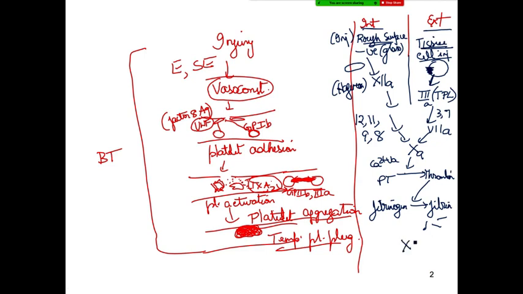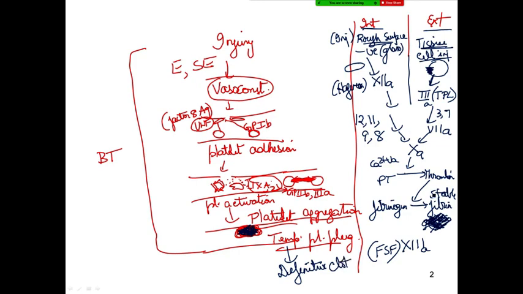Then factor 13, fibrin stabilizing factor, gets activated. That forms covalent bonds, which converts unstable fibrin to stable fibrin. This forms a strong meshwork, which gets deposited on the temporary plug, and now the temporary plug is called the definitive clot.